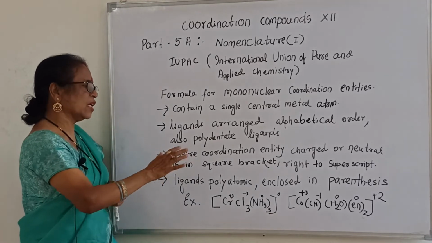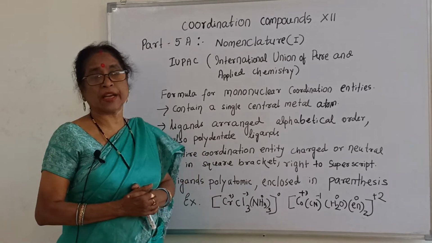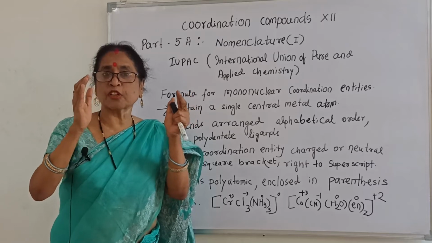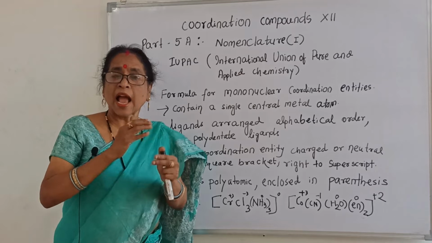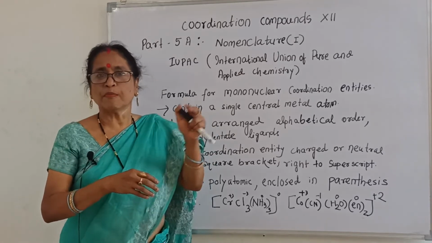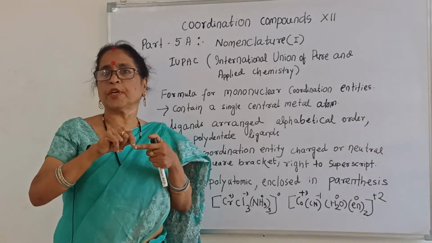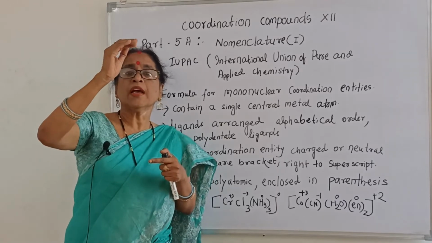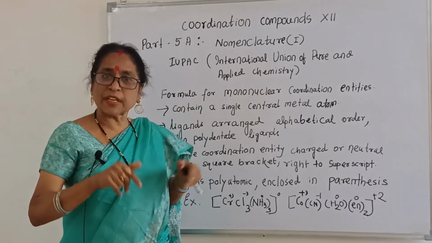Now the entire coordination entity, charged or neutral, is in the square bracket. The coordination entity means the coordination complex ion, either a cationic complex, an anionic complex, or a neutral complex. Ligands and metal are present. For a cationic complex, the plus charge should be written as a superscript on the right side, after the square bracket.